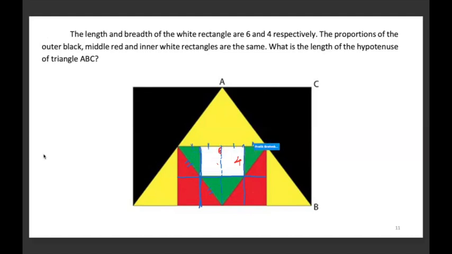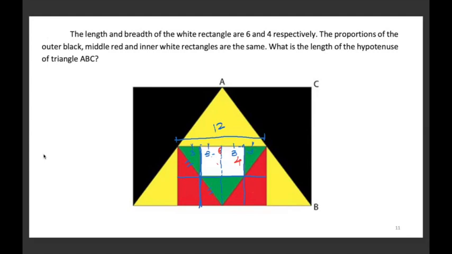Likewise, this is also equal. What it means is that the whole red triangle is divided into 4 equal parts. Of those 4 equal parts, these 2 equal parts have a total dimension of 6, so this one dimension will be 3, and this will also be 3. So 3 and 3. That makes a total length of the red triangle to be 12. 3, 4 into 4 is 12.